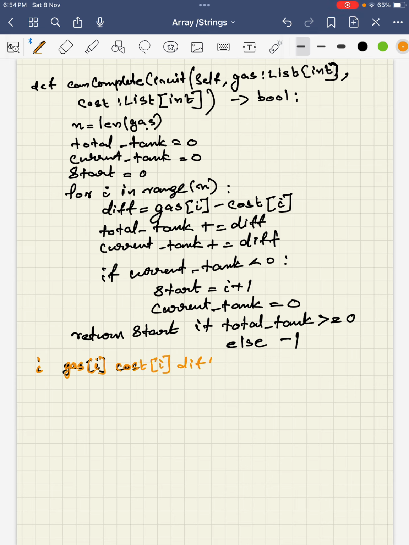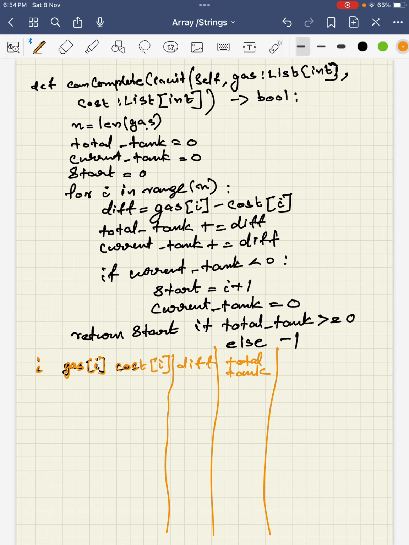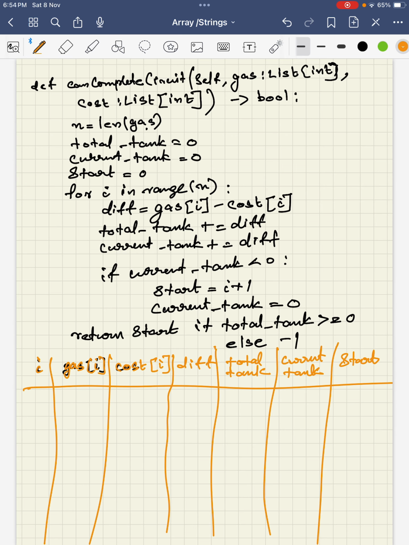Then we are calculating the difference at this step, then we are adding to total tank, and current tank we are updating. With respect to current tank, we are going to update the starting point. We just need to keep track like this.